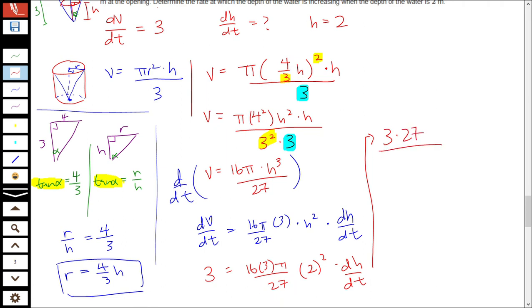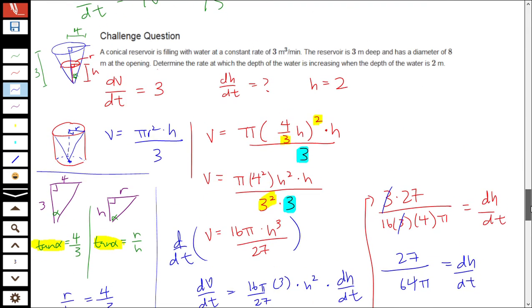So I'm going to multiply this by 2 cubed, and divide everything by 16 times 3 times 4 pi is equal to dH over dt. Now let's see, I think I can cancel this out. And 27 is what I have at the top. 16 times 4, I get 64. And then pi at the bottom. That's equal to dH over dt.